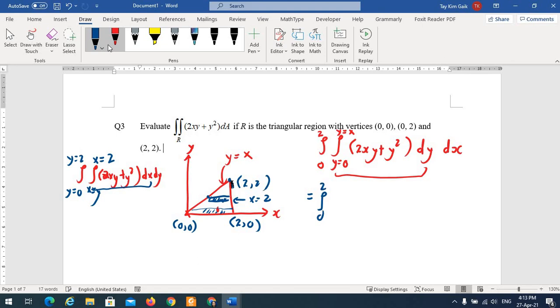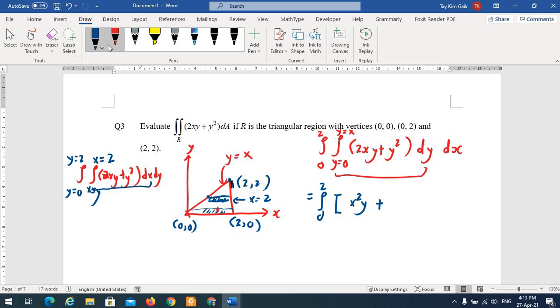When you integrate with respect to y, x is constant. So you integrate 2xy... Oh, sorry.